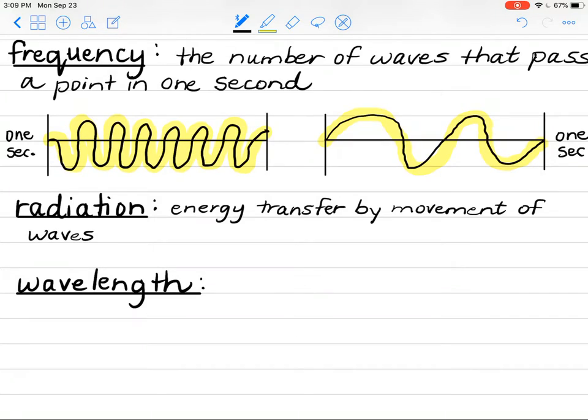I don't want you to have in your mind that radiation is always a bad thing. So the pictures that I just drew for you where energy is traveling in waves, that's radiation. That is a type of radiation. Now it could be dangerous, it could be not dangerous. And when we look at the electromagnetic spectrum, we're going to know which that will be.